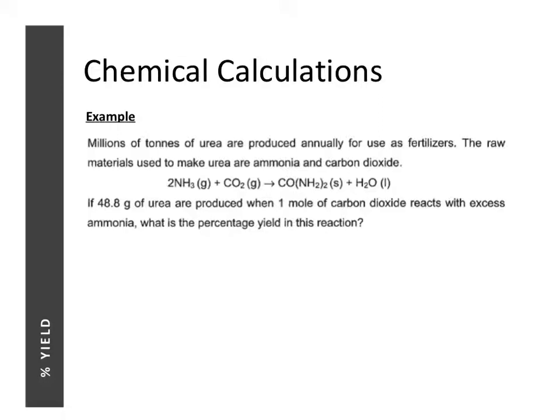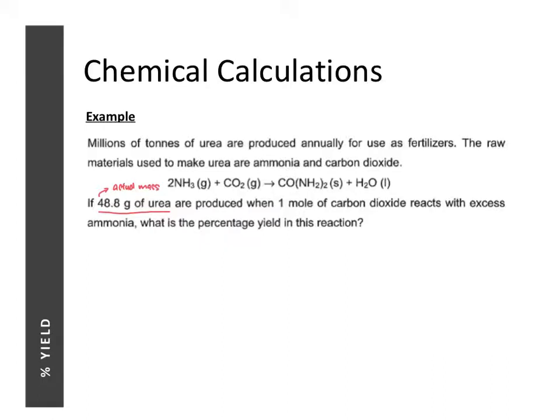As you are reading the question, just a reminder that in a percentage yield question, for 90% of questions, the actual mass is given in the question. So as you are reading, if you see this part, 48.8 grams of urea are produced, this is actually your actual mass.